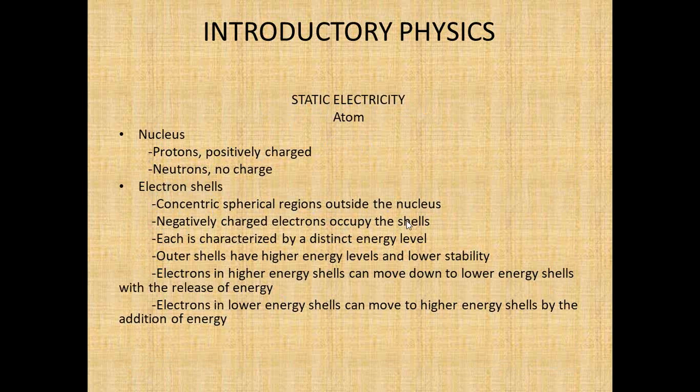As we have pointed out before, each shell is characterized by a distinct energy level. That means it has a specific amount of energy in each shell. The outer shells have higher energy levels and lower stability.